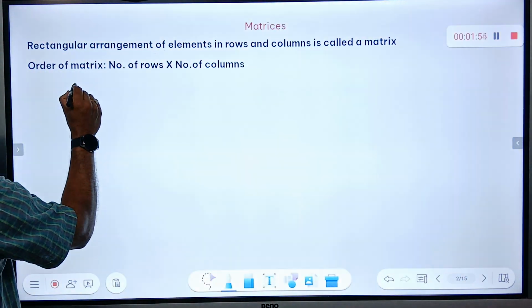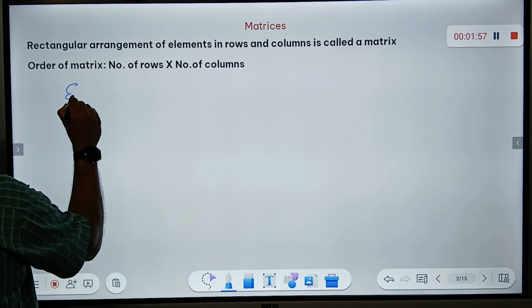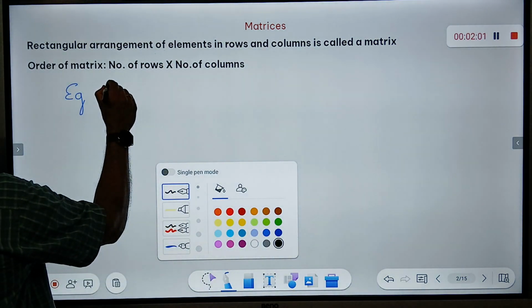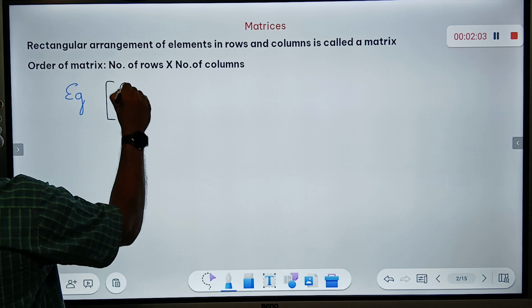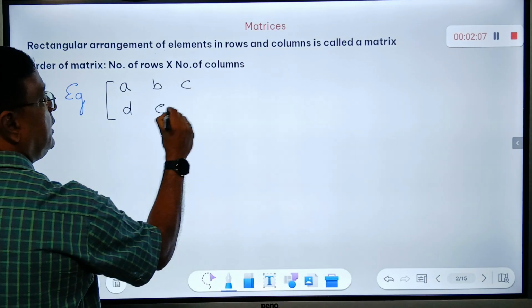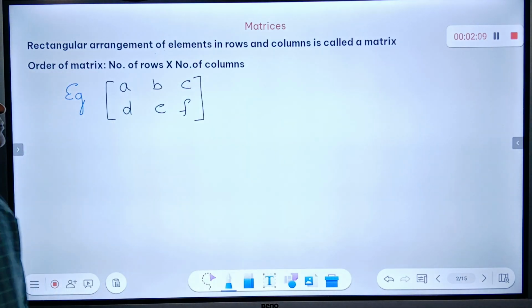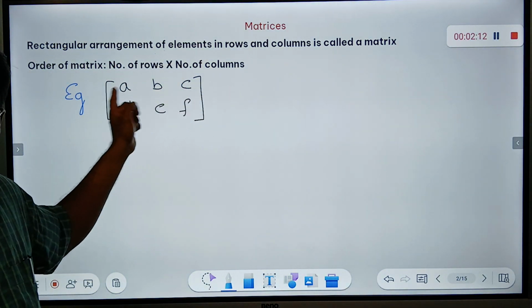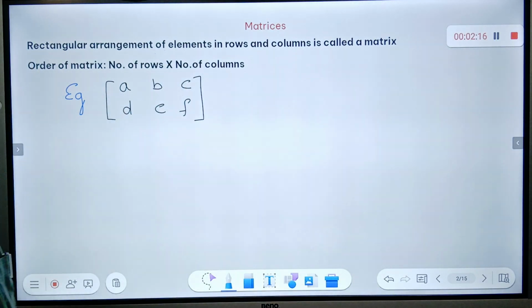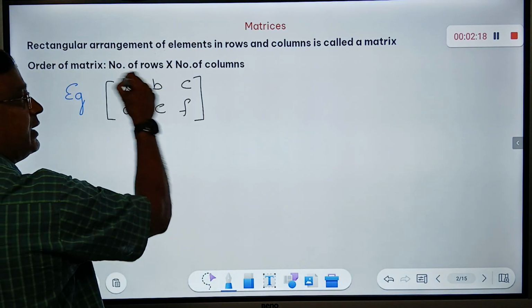I'll give some examples. Look at the example here. Say, for example, I have A, B, C, D, E and F. You see, a rectangular arrangement of elements A, B, C, D, E, F, in the shape of a rectangle.